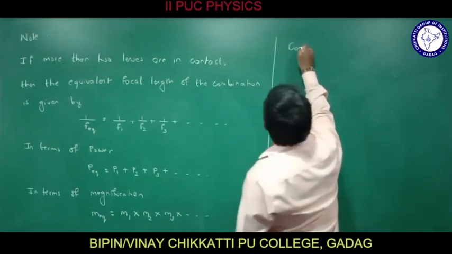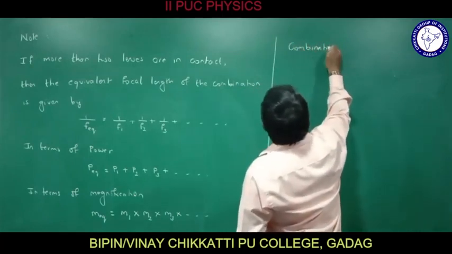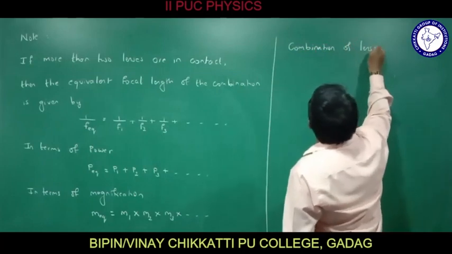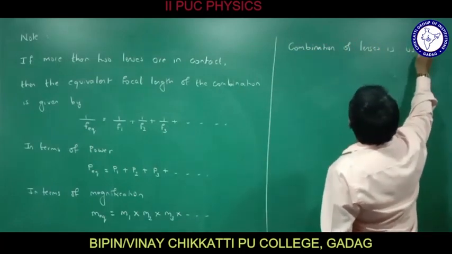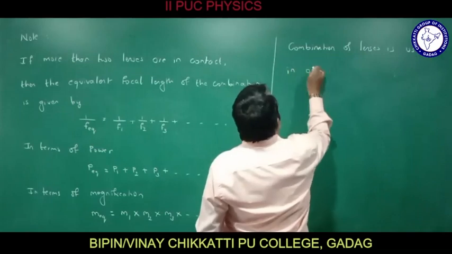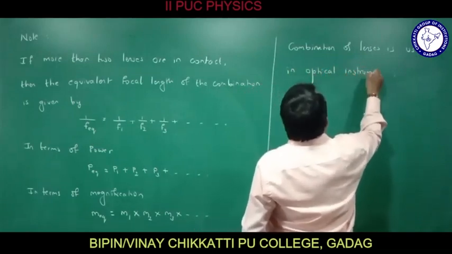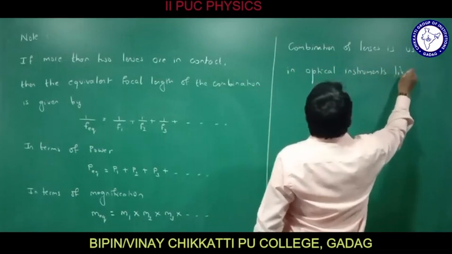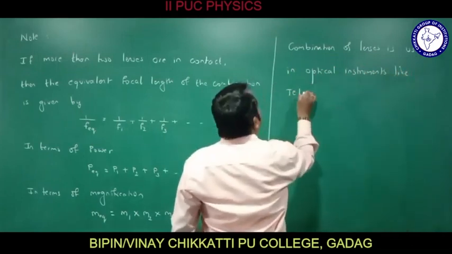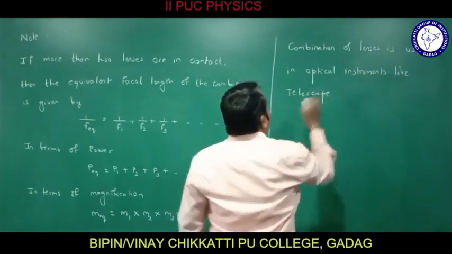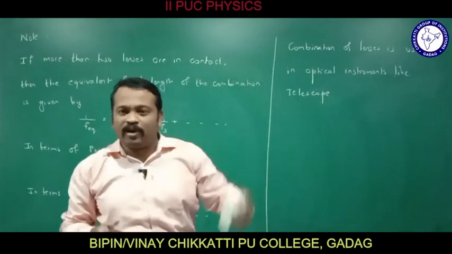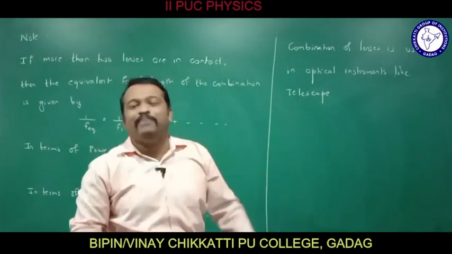This combination of lenses is used in optical instruments like the telescope. If you see the telescope, there is more than one lens, and there we use a combination of lenses.